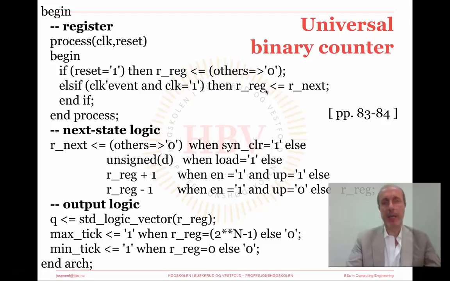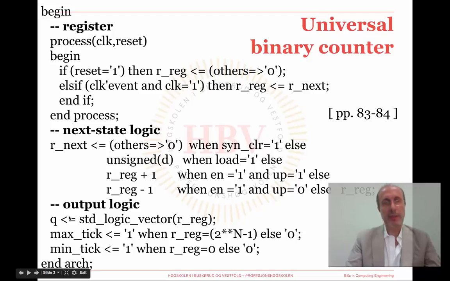Now, the second aspect deserving your attention is the need to perform a type conversion operation. And this comes from the fact that arithmetic operations are not supported in the standard logic vector data types, which was the data type defined in the entity description for the counter inputs and outputs.